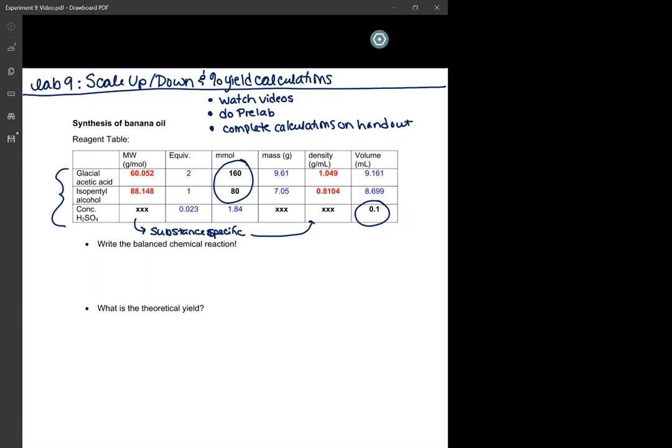So in this case, we have our glacial acetic acid plus our isopentyl alcohol. We're going to include a little sulfuric acid. And then we'll get our banana oil, isoamyl acetate.